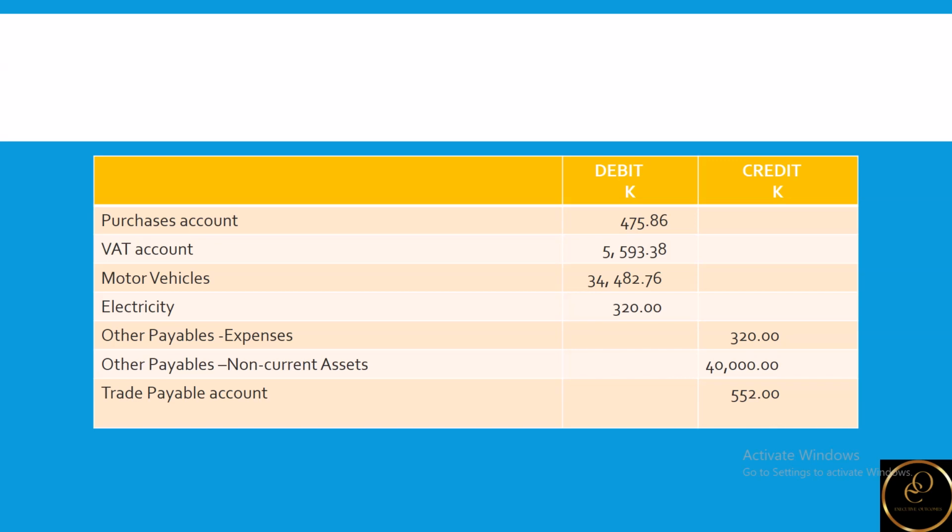The purchases account shows the movement of the stock item, and stock is an asset. So when we purchase, the asset of stock increases, therefore the purchases account, which represents the stock movement, will be debited. On the other hand, we also have the VAT account.